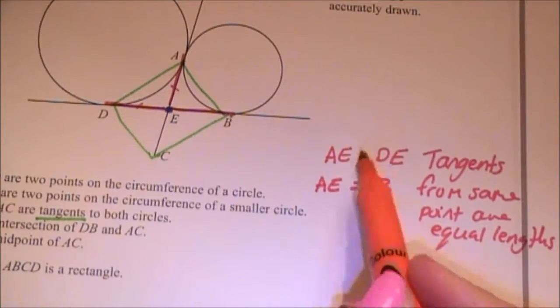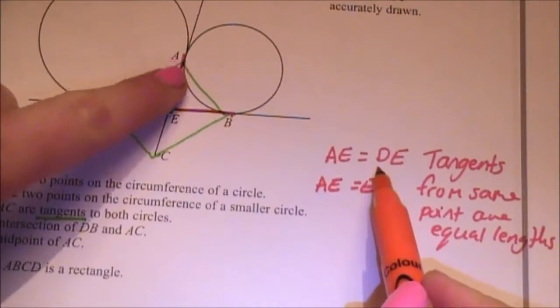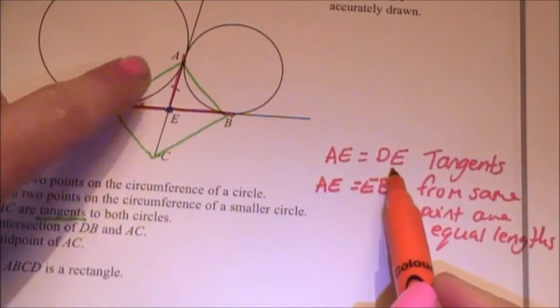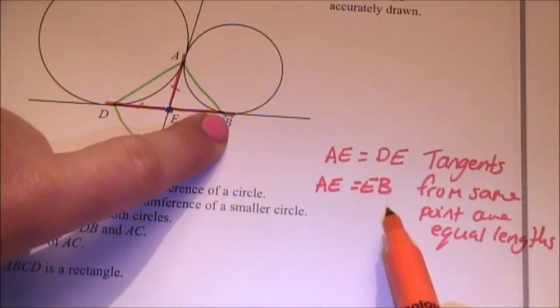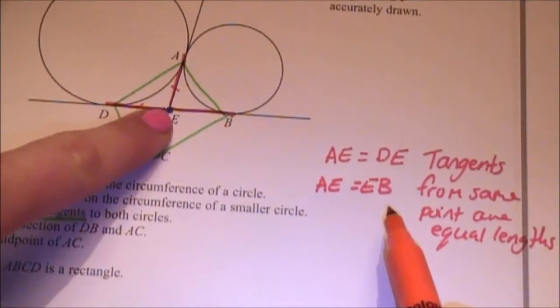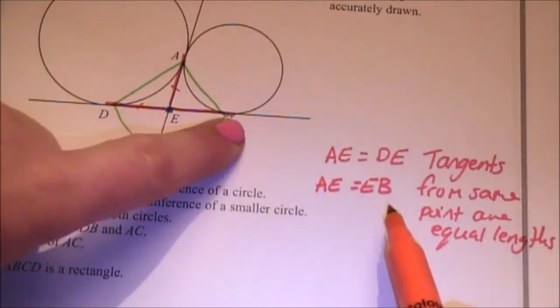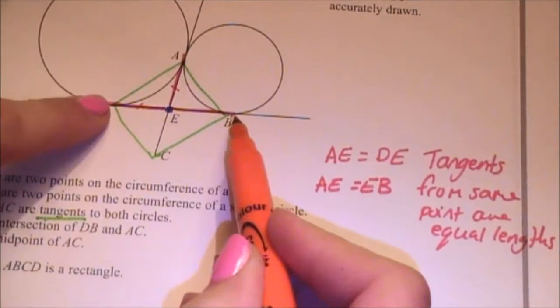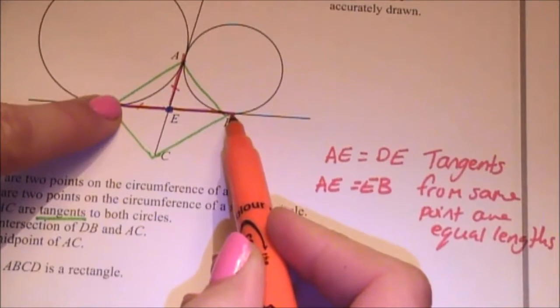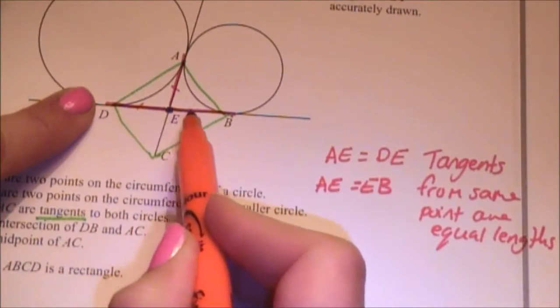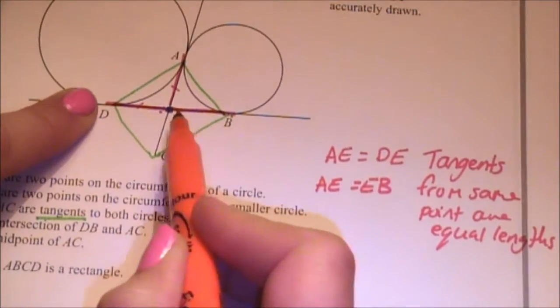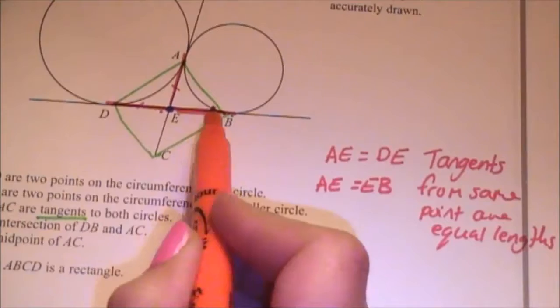So what I can see up there now is that AE is equal to DE, and AE is also equal to EB. So essentially what I'm saying is if that is equal and that is equal, then E is the midpoint of DB. So if E is the midpoint, I know that that length is twice of whatever.